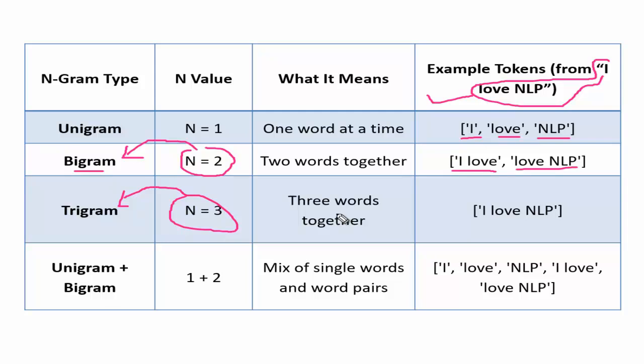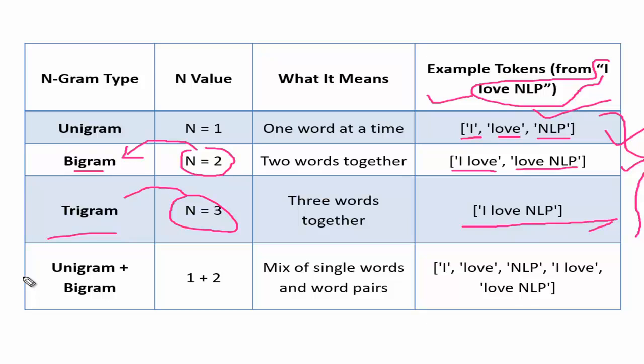That means we are taking three words at a time to form a trigram. So as you can see, by increasing the value of n, we can incorporate larger context. However, if we further increase the value of n, that also increases the sparsity.